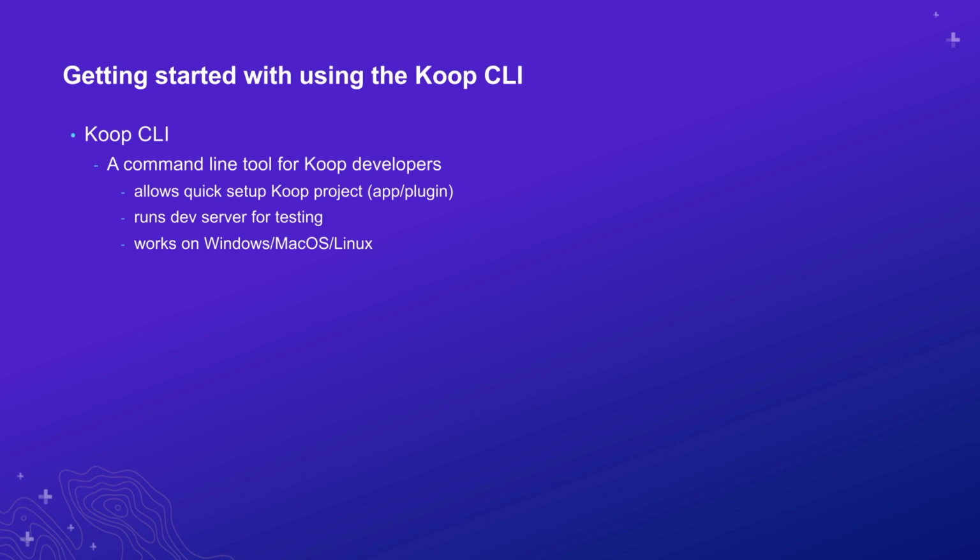That might be setting up a Koop application instance, or it may be setting up a plugin development project. The Koop CLI can also run your Koop project as a development server for testing, and it works on Windows, Mac, and Linux.